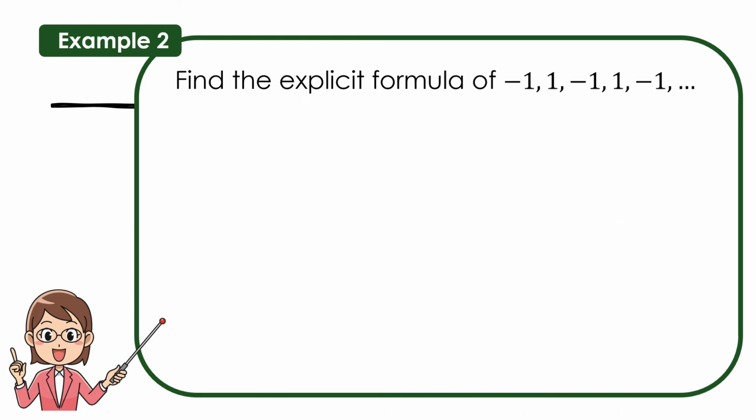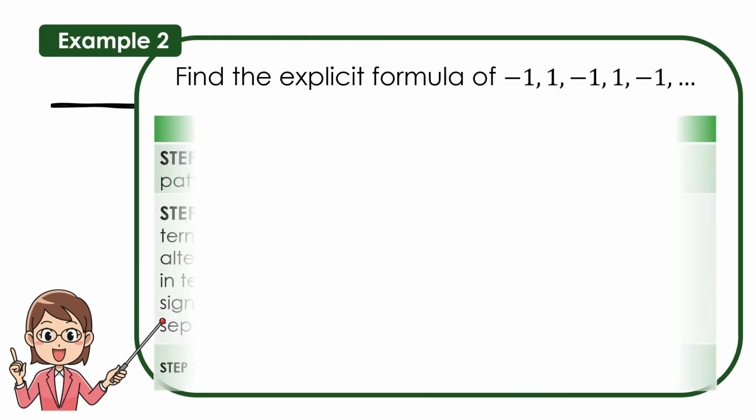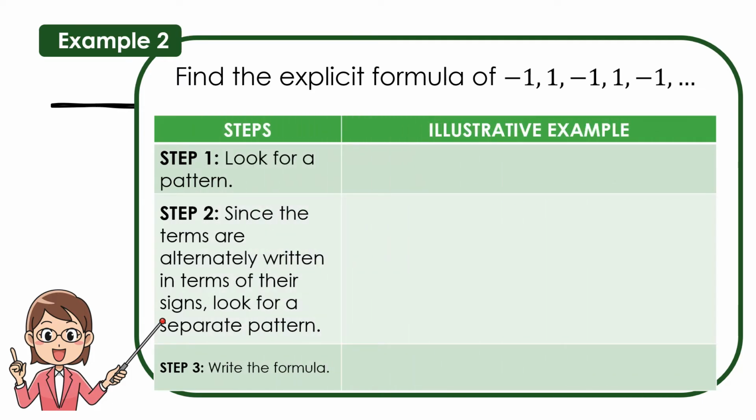Example 2. Find the explicit formula of negative 1, 1, negative 1, 1, negative 1, and so on. Following the steps mentioned earlier, we have step 1. Look for a pattern.